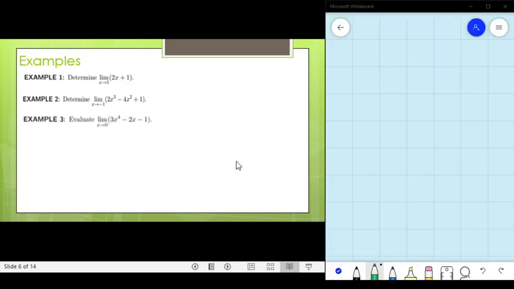So let's proceed to number 3, evaluating the limit of 3x to the 4th minus 2x minus 1 as x approaches 0.